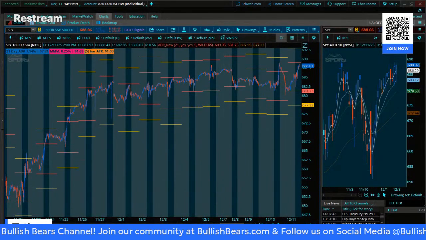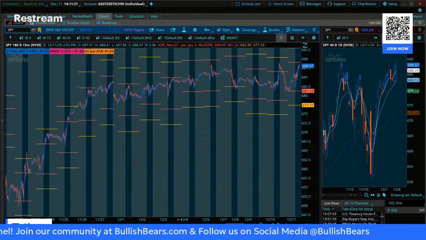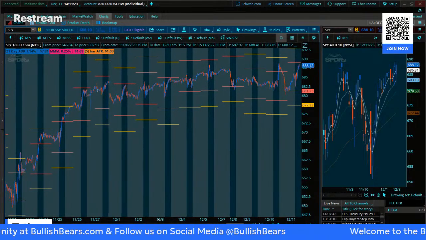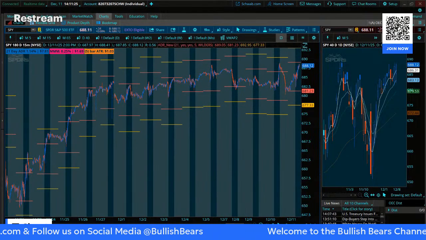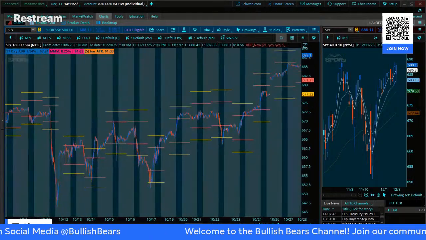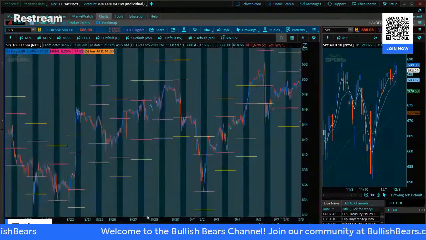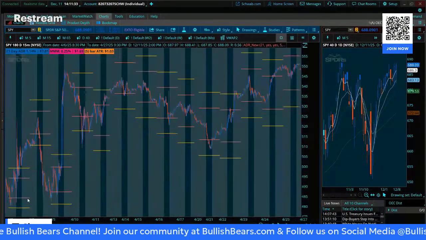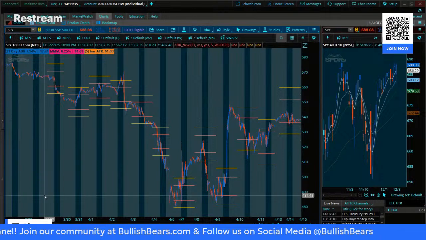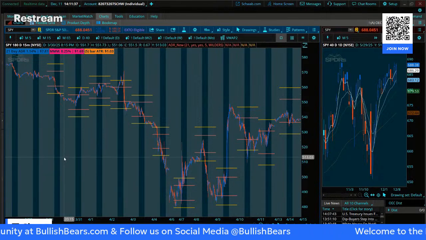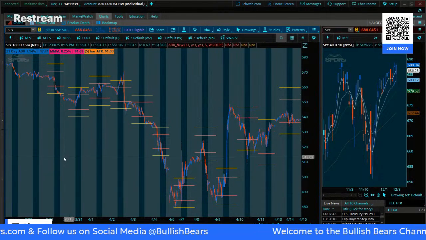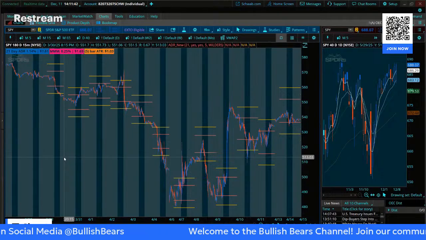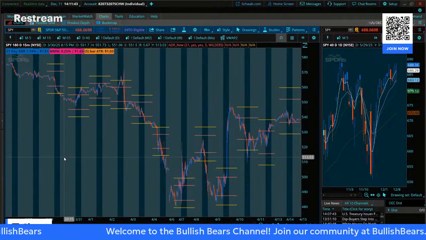If you want to get a feel for pivot points, whether it's a floor pivot, Camarilla pivots, ADR lines, volume profile, go in the past and see what price has done before at those levels. And then you get a much better feel for what we should anticipate going forward, right?